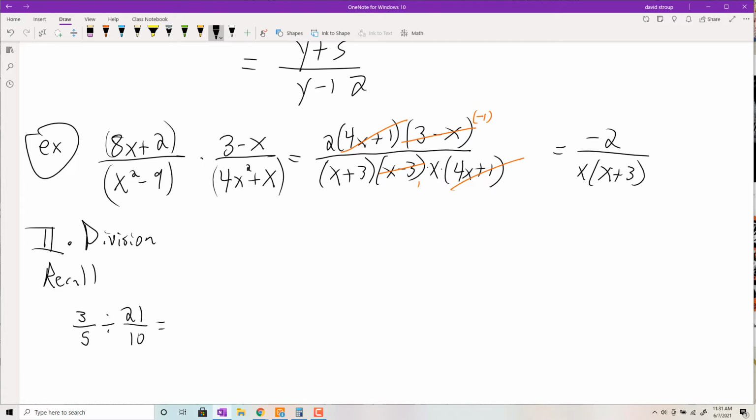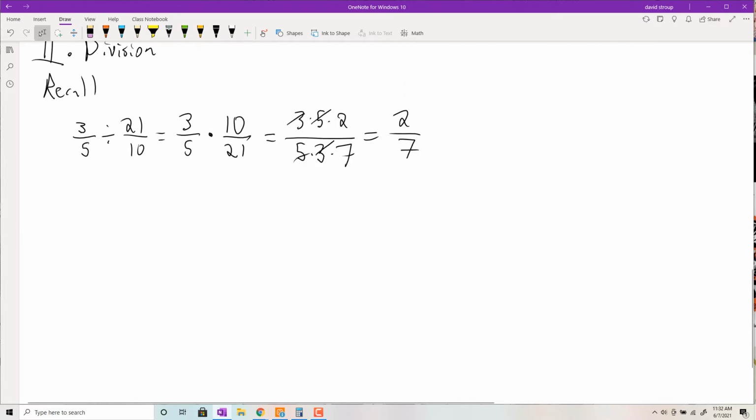The only extra thing you've got to do is replace the division symbol with multiplication and take the reciprocal of the second term. And then again, we're not going to multiply out. We're not going to say 30 all over 105, right? We're going to factor as we go along in this new setting. And then we can see, all right, these go away, and we're left with 2/7.